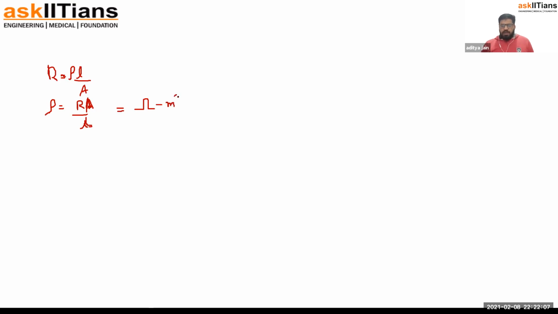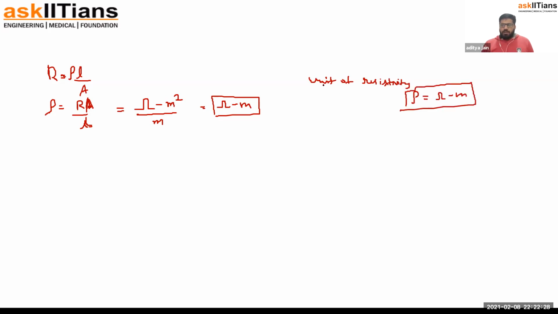It is meter square. And what is the SI unit of length? It is meter. So the final answer will be ohm meter. So the unit of resistivity rho is ohm meter, and it is the property of the material of the conductor.